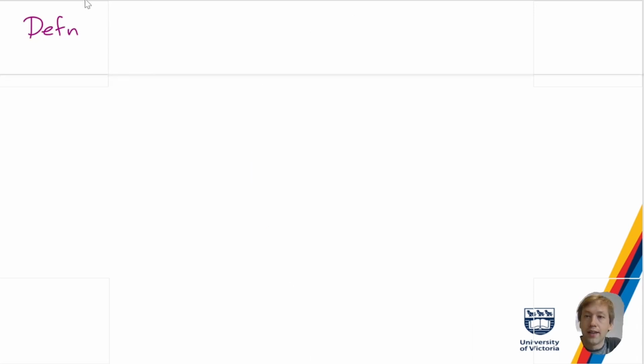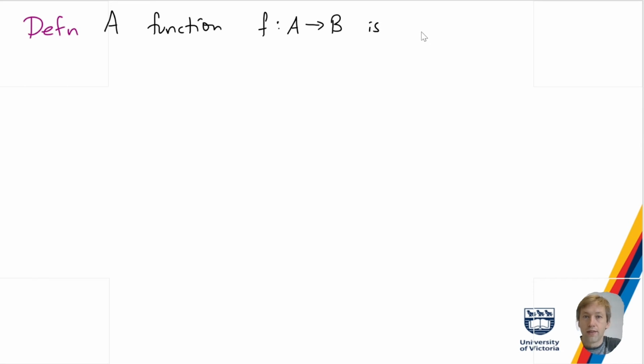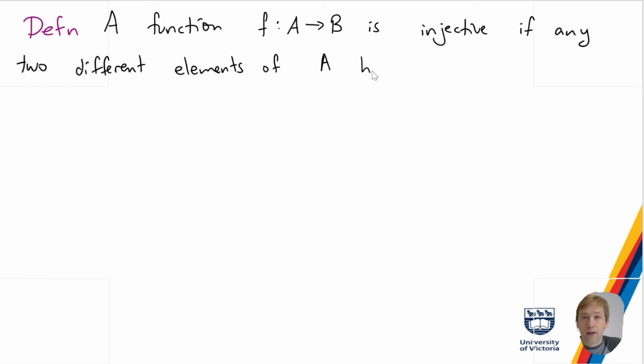We say that a function f from a set A to a set B is injective if any two different elements of A have different images.